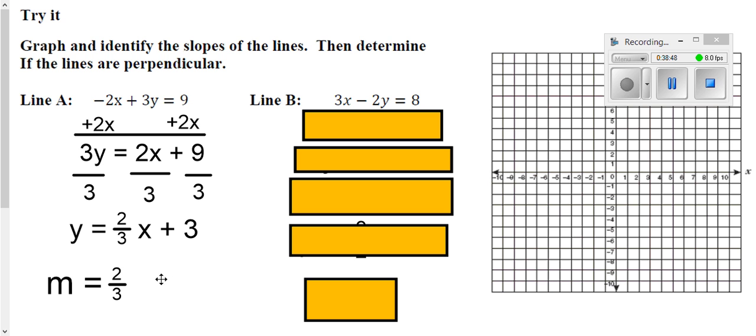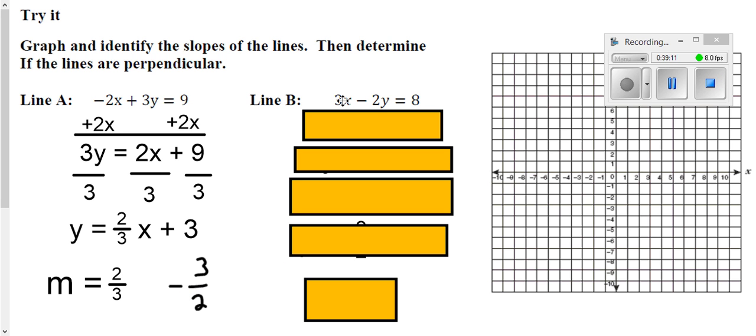Let's see, the negative reciprocal. So if we flipped it over, we'd have 3 over 2, right? And since this one's positive, this one would have to be negative. So we're looking in the second one, if it comes out to -3 over 2, these lines will be perpendicular.